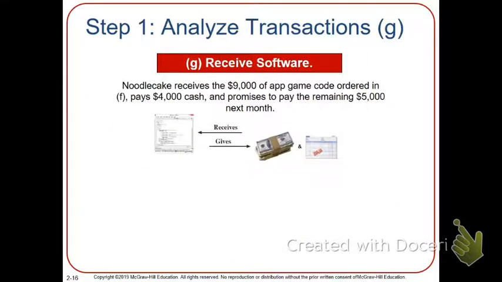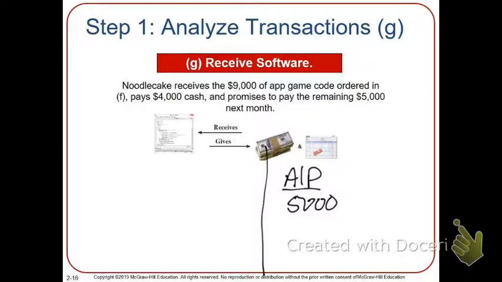Now they received the game and they paid $4,000 in cash and they promised to pay $5,000 next month. Accounts payable. Okay, accounts payable for how much? The $5,000, yeah. So it's going to be, I'll write this one. So accounts payable is going to go up by $5,000. What else is happening?